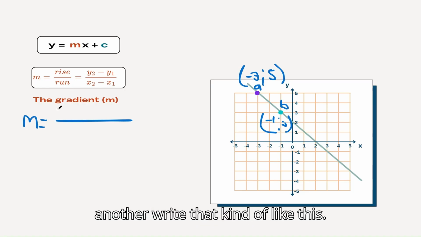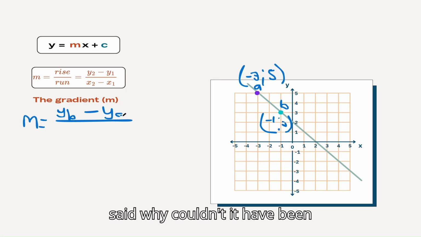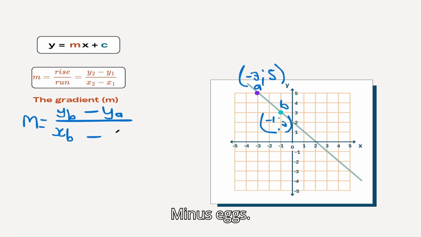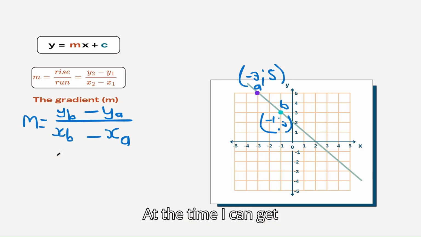You can either write it kind of like this, yb minus ya. So it's the y coordinate of B minus the y coordinate of A, and then the x coordinate of B minus x, and I actually want to make that a subscript there. Okay, now I can go substitute it in.